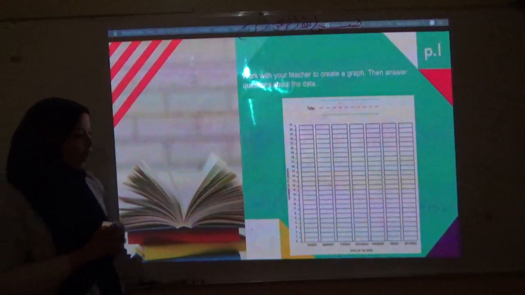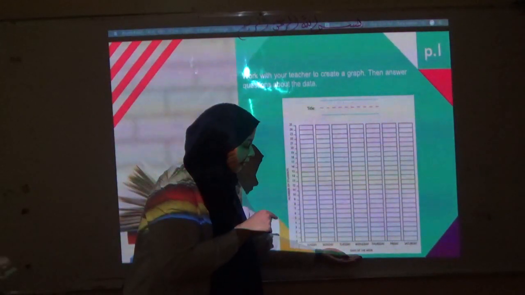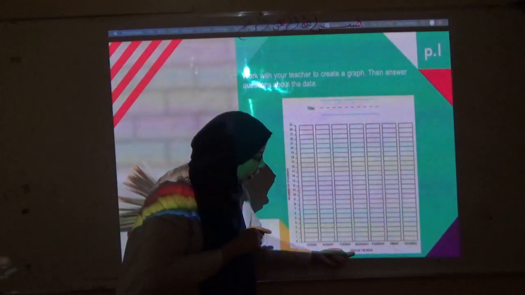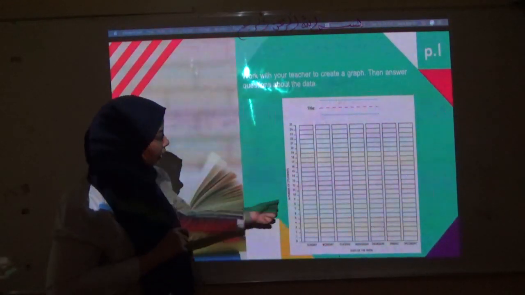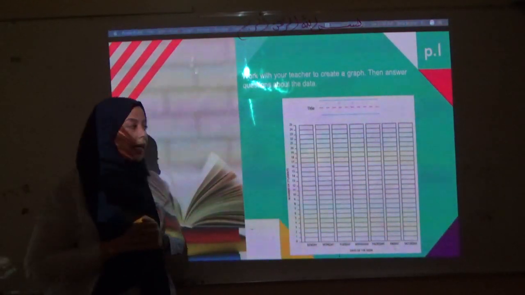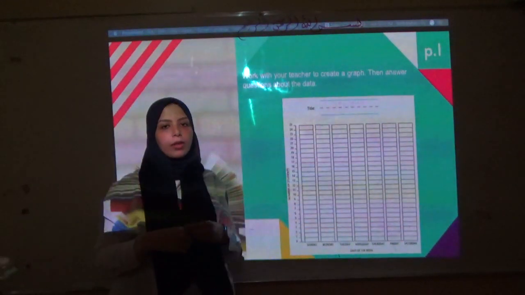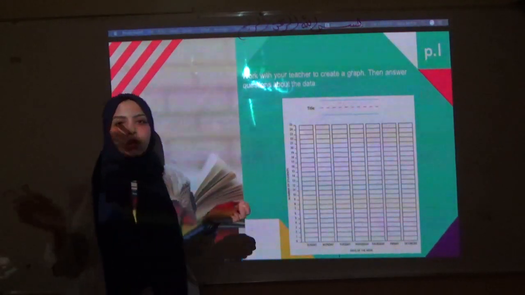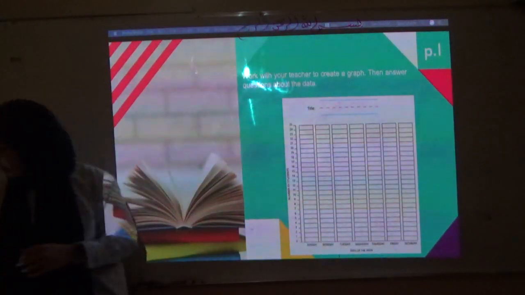So when we read this axis, it's written here day of the week, and here it says number of students. So this exercise asks me to find out what is the favorite day of the week for my colleagues or my friends. Okay, let's go.